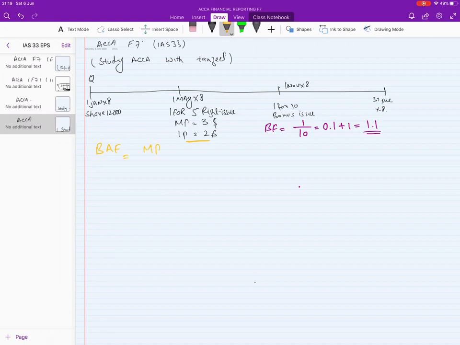It is the market price just before the rights issue divided by the theoretical ex price. The market price just before the rights issue is already given here, and the theoretical ex price we have to calculate. For that we need the same data. This data we need.